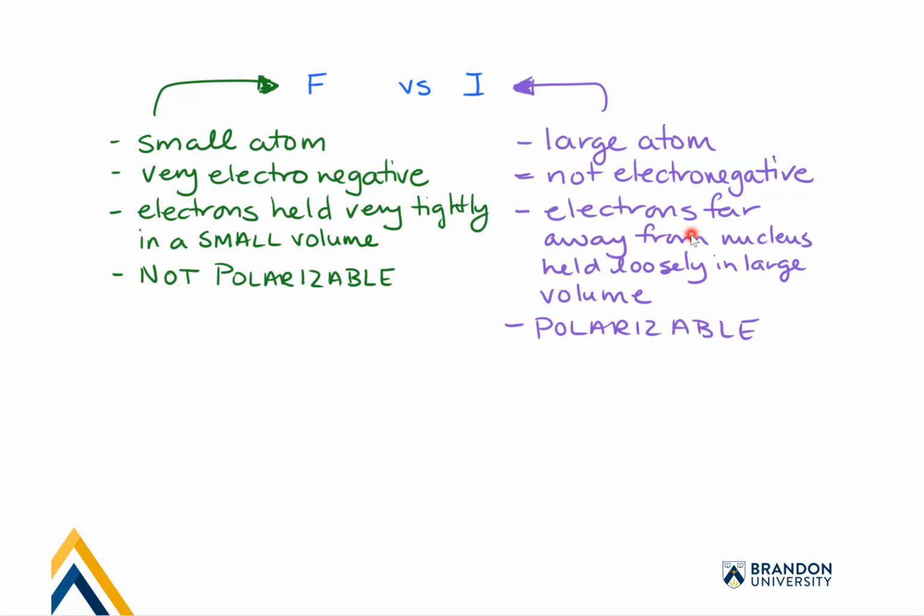So that's the first basic trend: the further down the periodic table, the larger the size gets. Remember, there were trends in the periodic table based upon the effective nuclear charge in Gen Chem 1, where going from left to right, as the effective nuclear charge increases, the volume gets smaller and smaller.